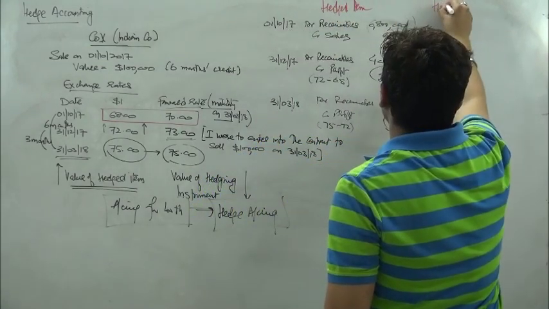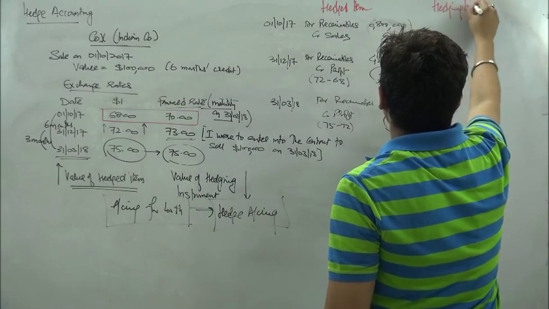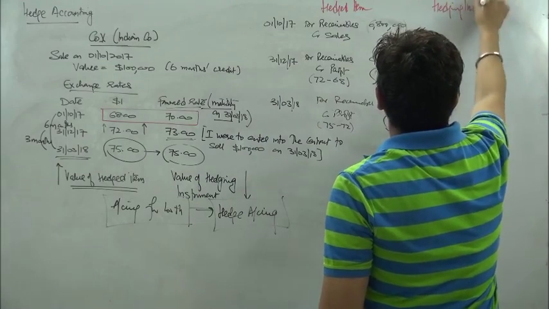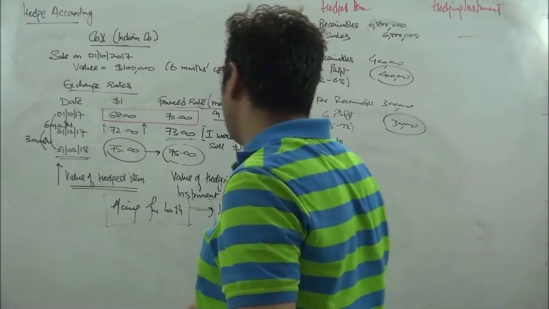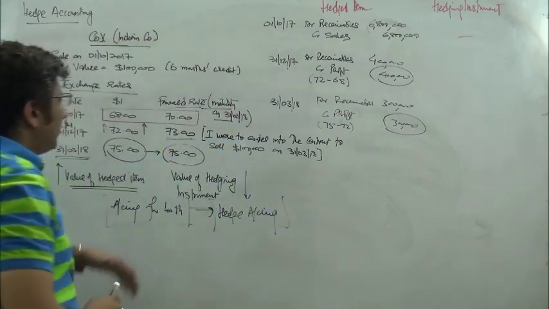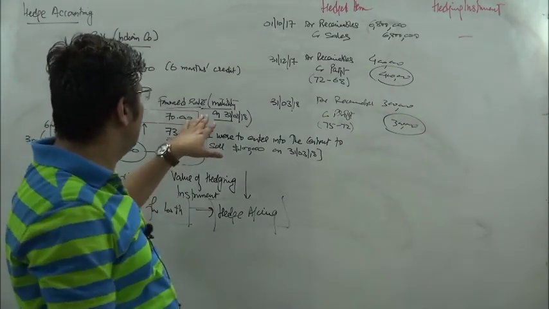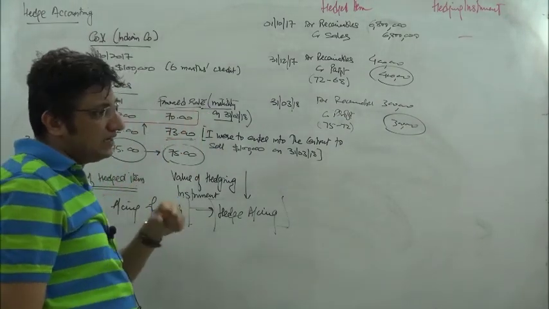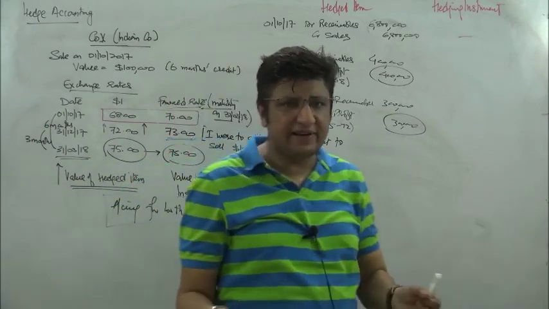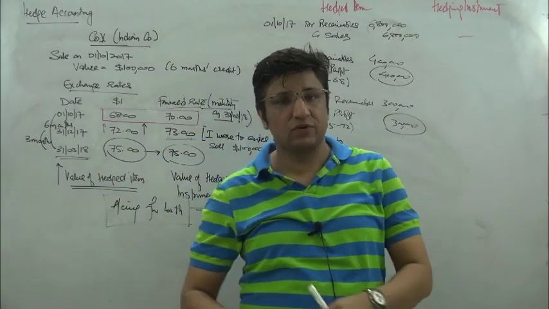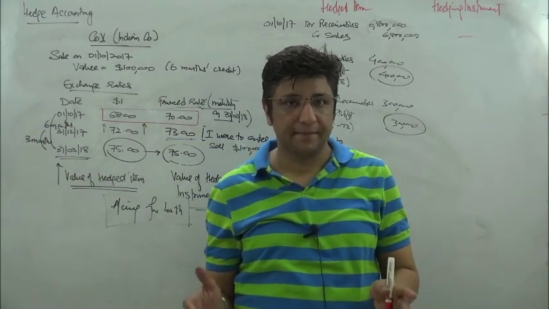As far as my hedging instrument is concerned, I do not do any accounting here whatsoever. I may not have paid anything at all to the bank to get into this arrangement, right? So as such, the value of the contract on this date is safely assumed to be nil. And of course, I don't do the accounting here, right?